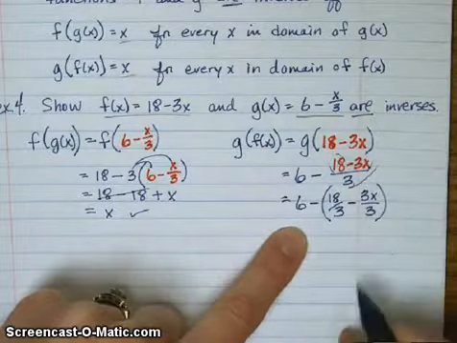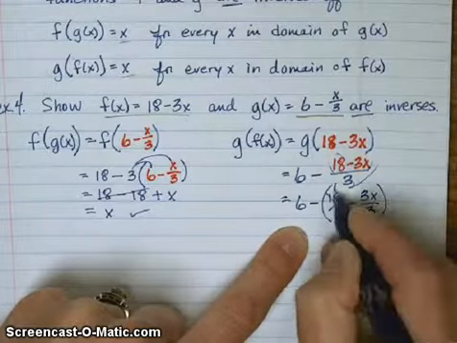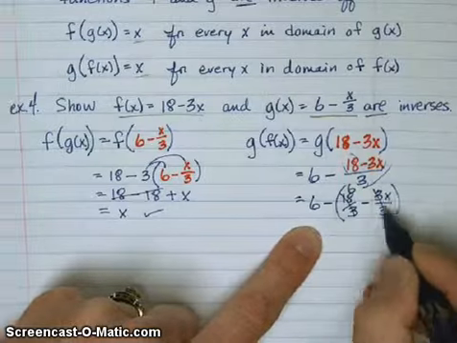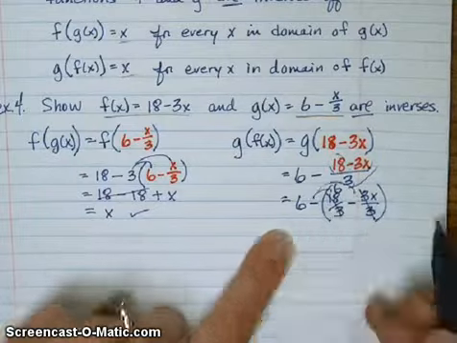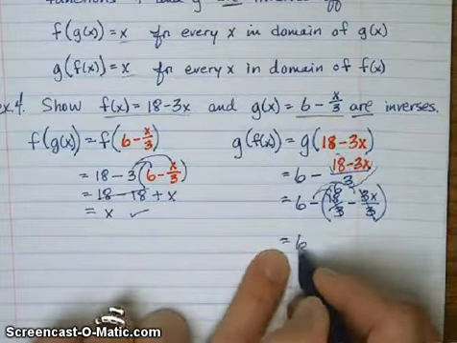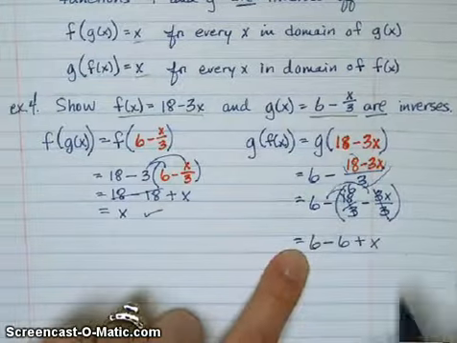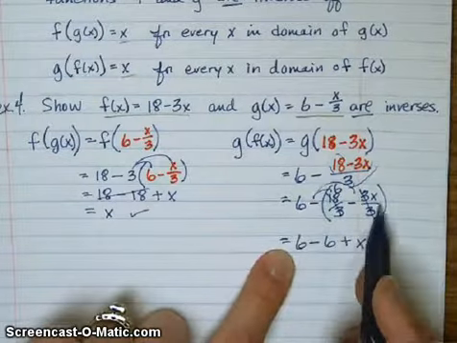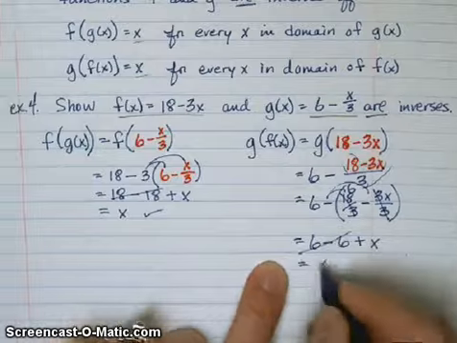Well, this value is 6. This value becomes just x, but remember this negative distributes. So we end up with 6 minus 6 plus x, because that negative of a negative becomes a positive. Well, look at there. It worked.